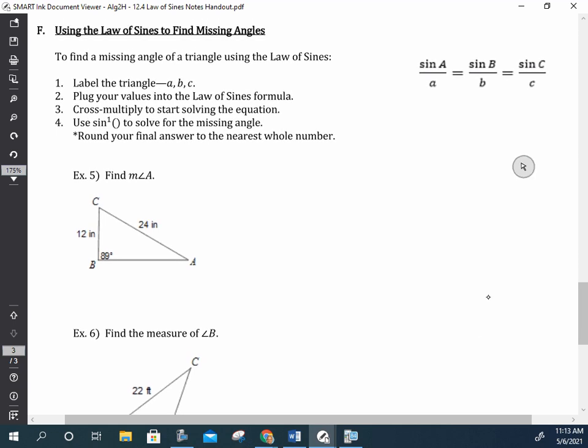All right, let's find angles. Angles use a fairly similar setup, but since we're finding an angle, sine inverse is going to come into play at some point.